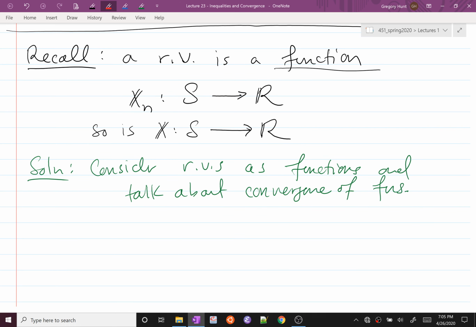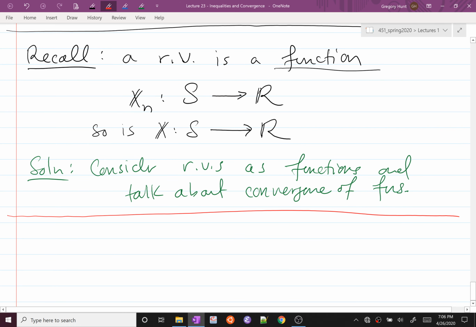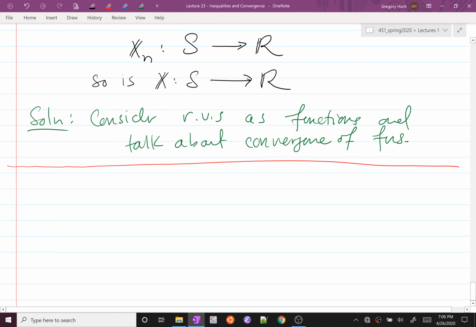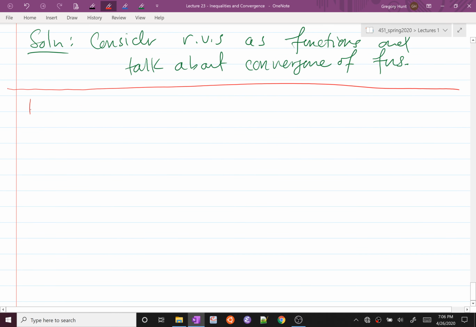So let's talk about convergence of functions. There's a lot to be said about convergence of functions, and if you take an analysis class or a functional analysis class, you definitely talk about these. I'm going to talk about the most basic form of convergence of functions.